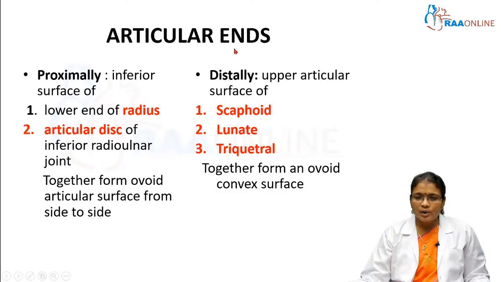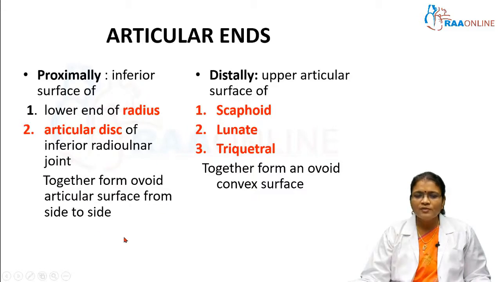Next is articular ends. What are the bones which articulate at the proximal end and at the distal end? Proximally, the articular ends are the inferior surface of the lower end of radius and the articular disc of the inferior radioulnar joint.